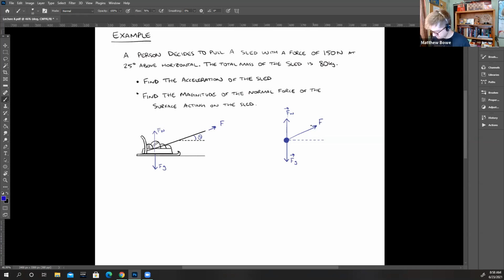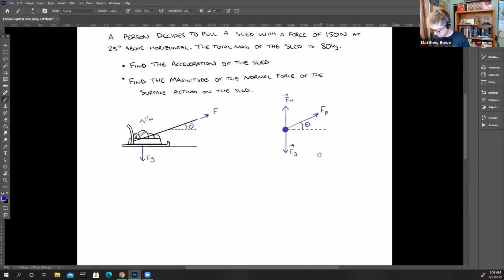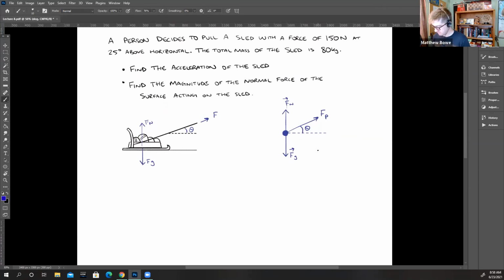And that's the force, we'll say FP for person. So the person is pulling it at this angle above the horizontal, like that. Just like that. Awesome.